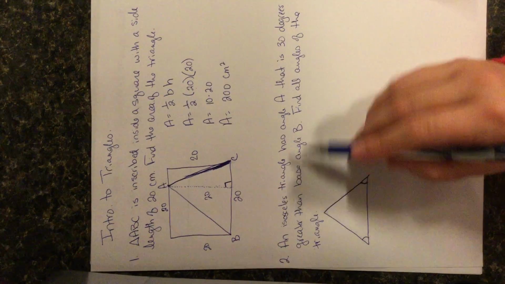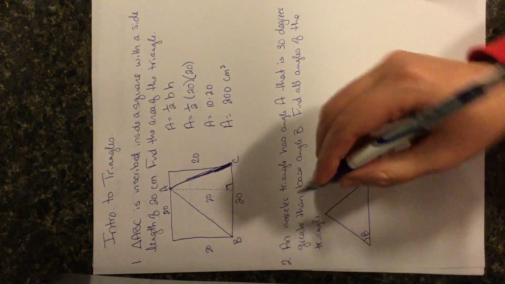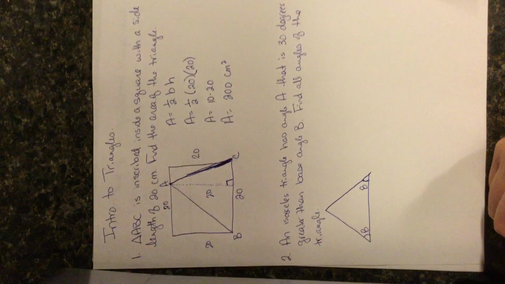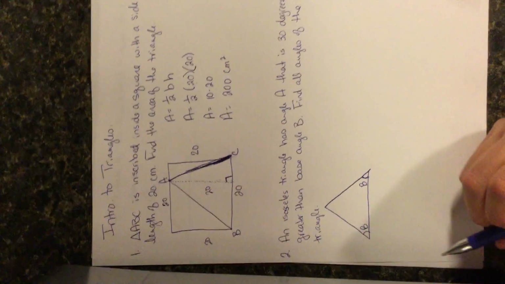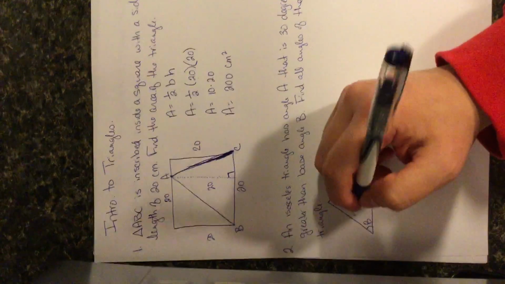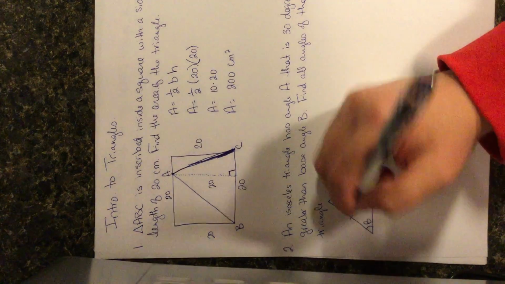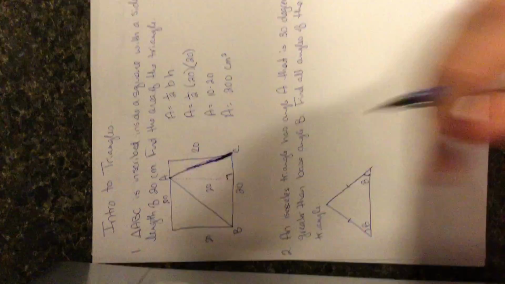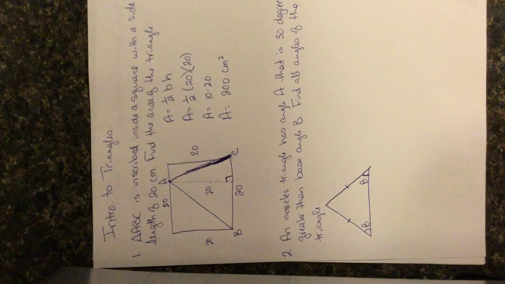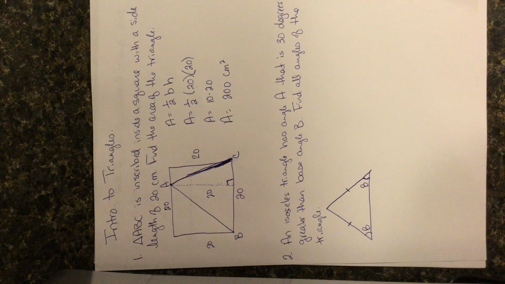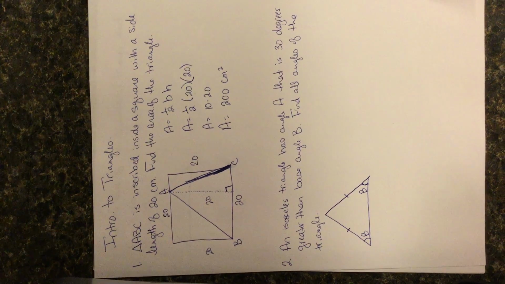So my base angle is B, and they have to be the same. So this is B, and therefore that's also B. The other thing for isosceles triangles is that these two sides would have to be equal. So for isosceles triangles, you have the two base angles and the two sides are equal.